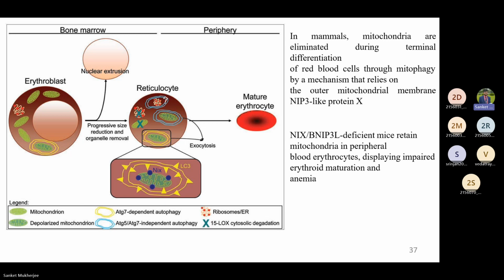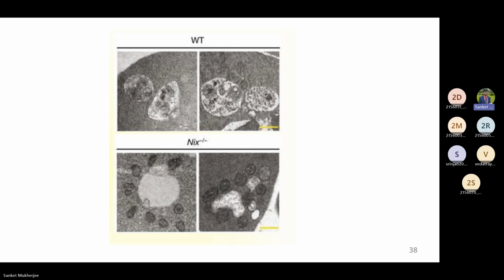In that context, if there are mice which do not have NIX, one of the receptors, then we see that these RBCs develop with mitochondria, and they have a very low efficiency. These mice are severely anemic. So that's the problem. So this is what happens.